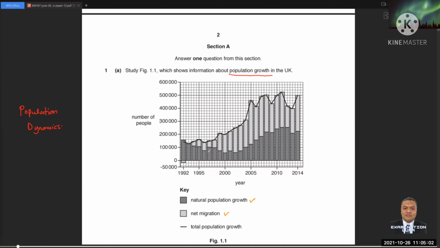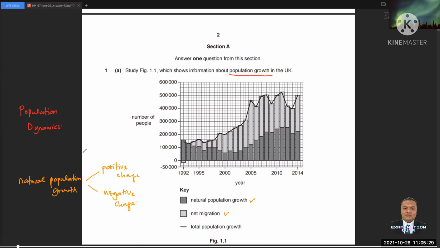Okay, to put it simpler, natural population growth, dia terbahagi kepada dua. Positive change, and then you ada satu lagi, the negative change. Okay. Jadi, apa sebenarnya maksud negatif dengan positive change ni? Okay, saya akan bagikan contoh.